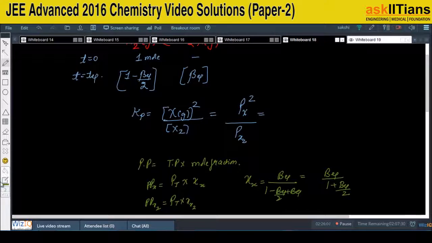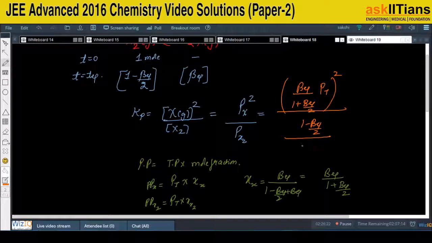Now if I substitute all these values, I get B equilibrium divided by 1 plus B equilibrium by 2, into total pressure, whole square, divided by 1 minus B equilibrium by 2 divided by 1 plus B equilibrium by 2, into P total. So this is what we have found out right now.